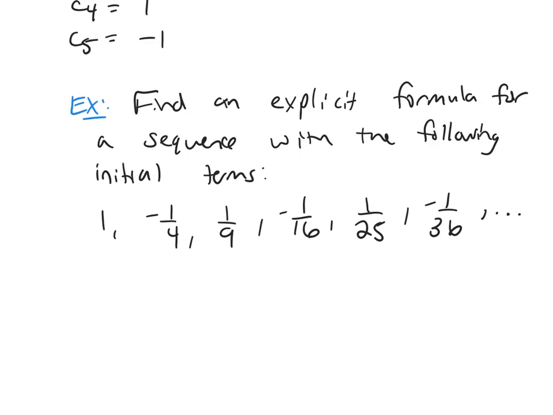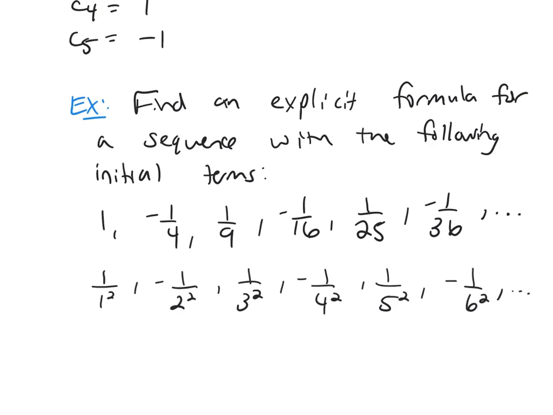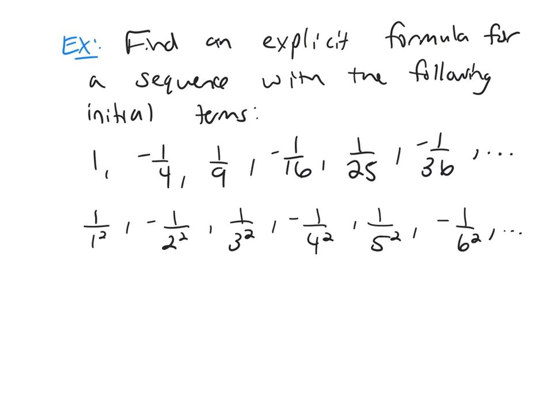So I can think about 1 as being 1/1 squared. 4 is 2 squared. 9 is 3 squared. 1/4 squared. 1/5 squared. -1/6 squared. So now I'm going to label this first term as a_1. This one is a_2, a_3, a_4, a_5, and a_6.